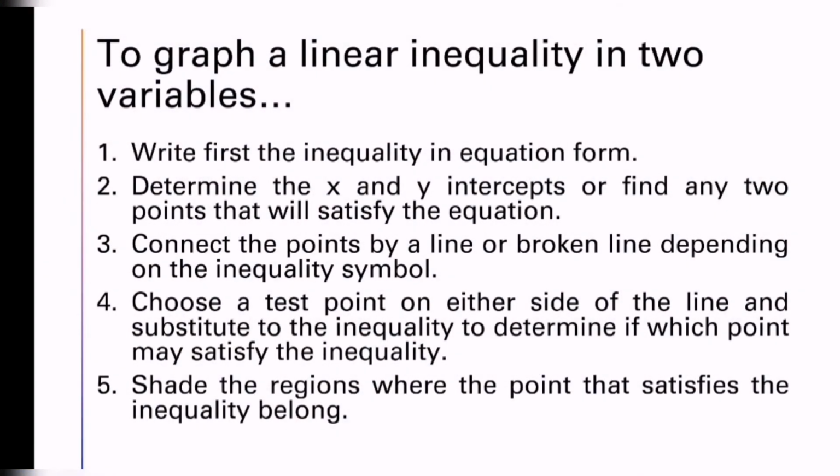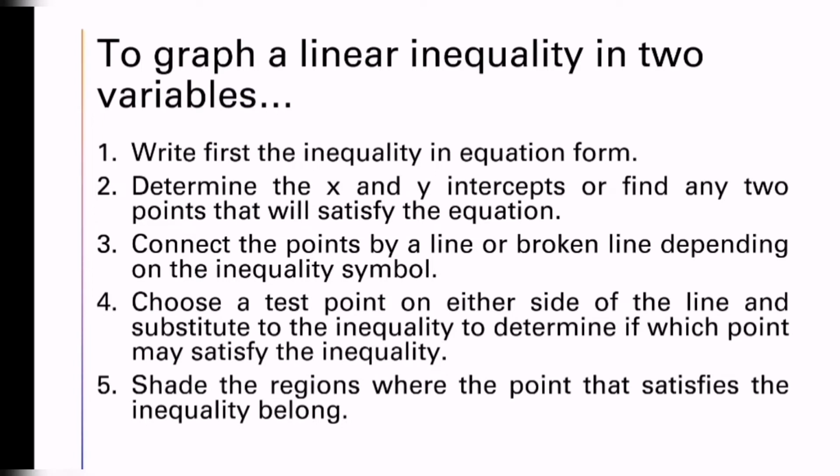To graph a linear inequality in two variables, first, you have to write the inequality in equation form. Next, determine the x and the y-intercept, or you can find any 2 points that will satisfy the equation. Third, connect the points by a line or broken line depending on the inequality symbol.